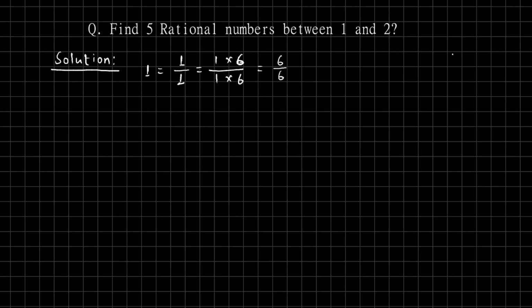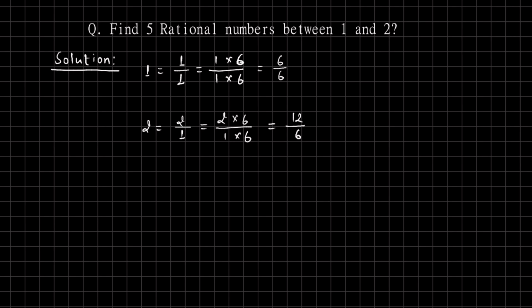So here 1 and 6 over 6 are equivalent, meaning they both represent the same rational number. So let's take the other number, which is 2. We can write this as 2 over 1, and here we multiply 2 by 6 in numerator and denominator. We have 12 over 6.